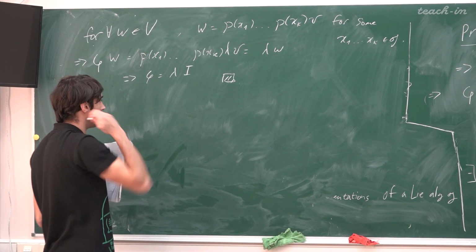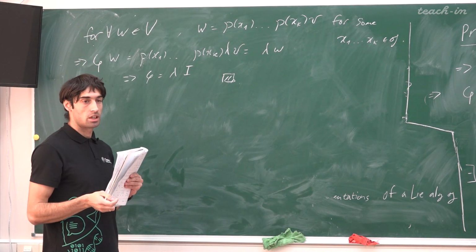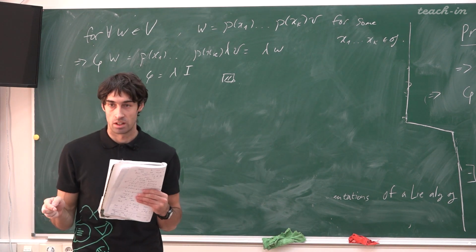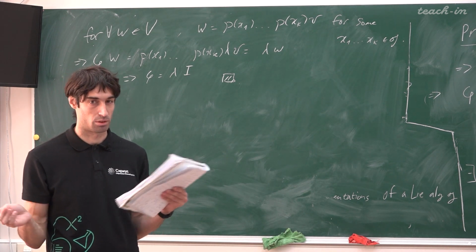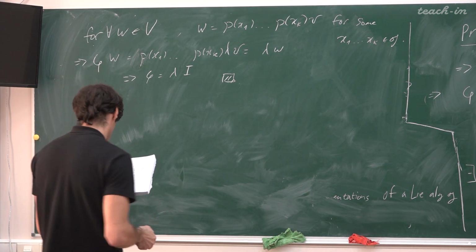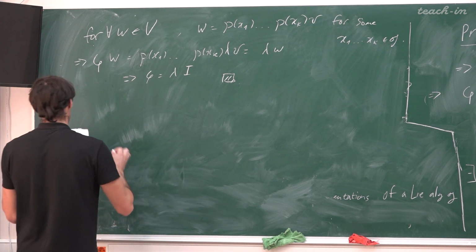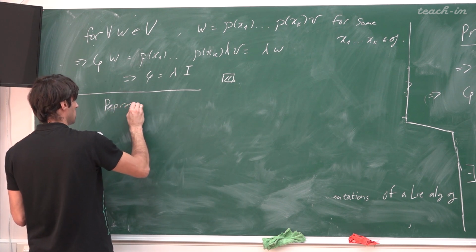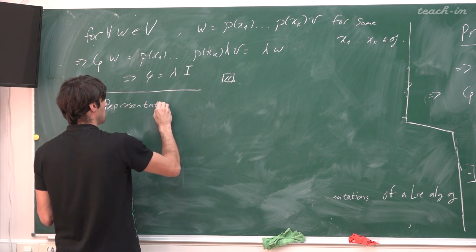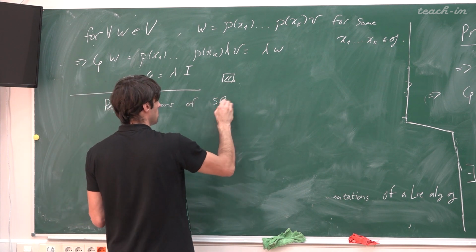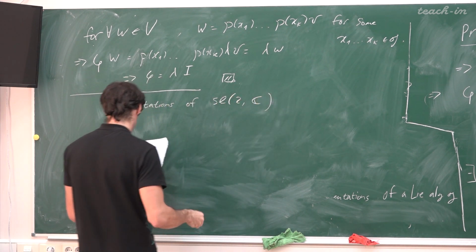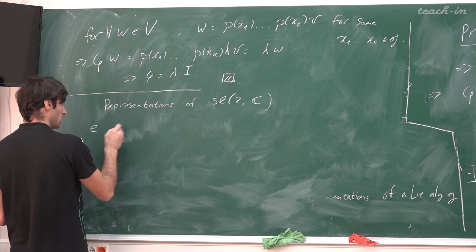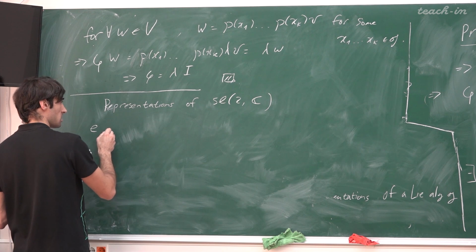So our goal is to classify all finite-dimensional irreducible representations of SL2C. And they should be complex. As we know, we have a standard basis in sl2C.